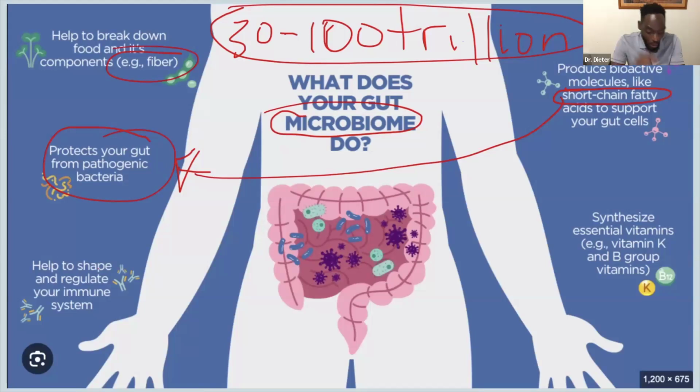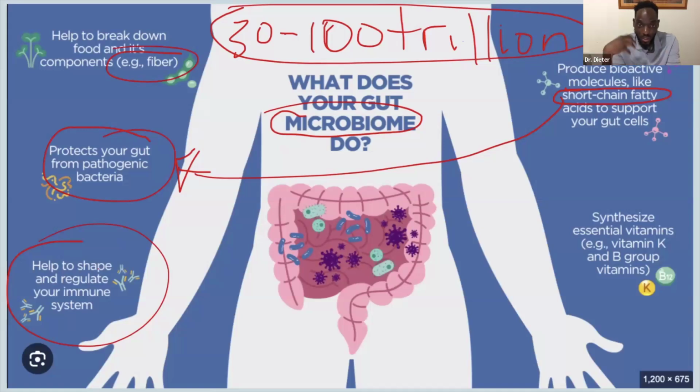The other thing is that it helps to regulate the immune system. When I learned about this, something I was never taught in medical school, I was stunned. 70% of the body's immune system resides in the gut. 70% of our immune system.